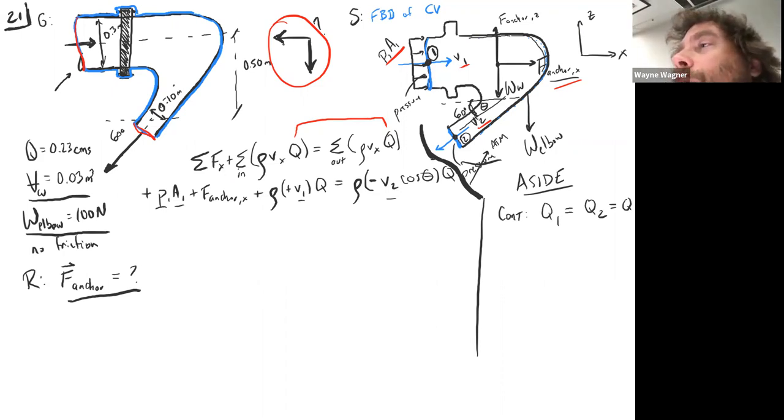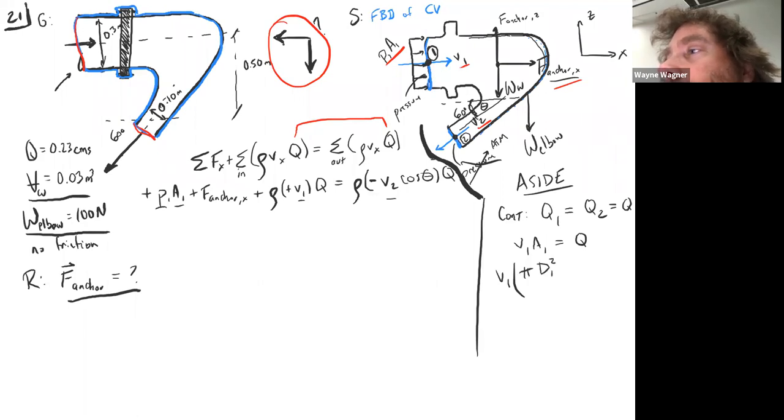So for Q1, I'll say V1A1 equals Q. V1 is not given, so we have to solve for that. So V1 times area 1, which is pi D1 squared over 4, equals Q. I'm sorry, let's get rid of that D1. Let's just go ahead and plug in our 0.3, 0.3 meters squared. I also need this area, don't I?